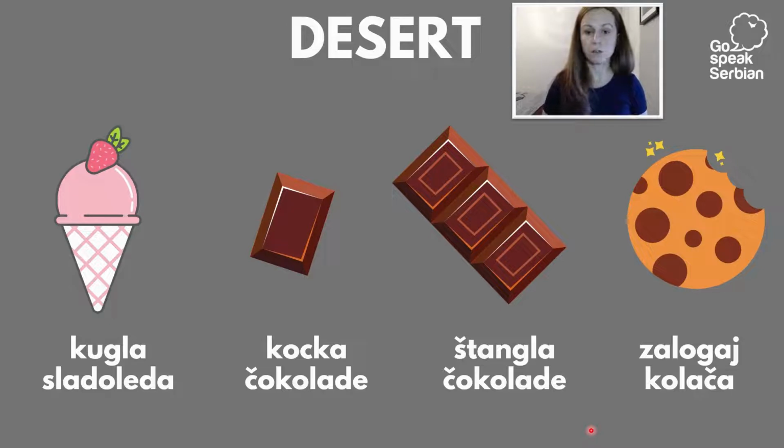This is because of our history and the fact that the northern part of Serbia, which is the province of Vojvodina right now, has been part of the Austro-Hungarian Empire, and this is the influence that we can see in our language. So the word kugla is in German die Kugel, which is the ball, and the word štangla is from the German word die Stange, which is a pole.